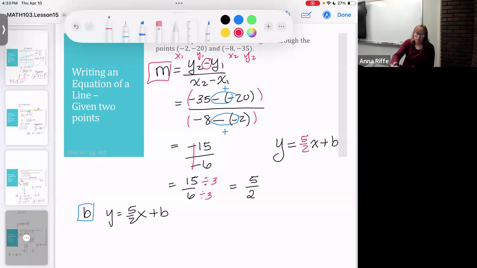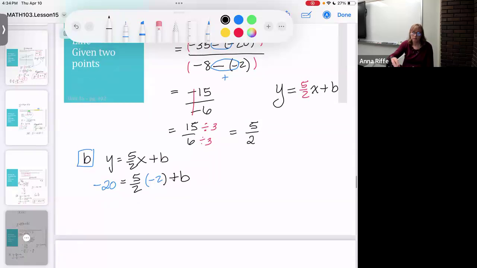So I'm going to substitute negative 2 for x and 20 for y. So 20 goes on the left-hand side in place of y, is equal to 5 halves times x, where x is negative 2, plus b. So we have substituted.